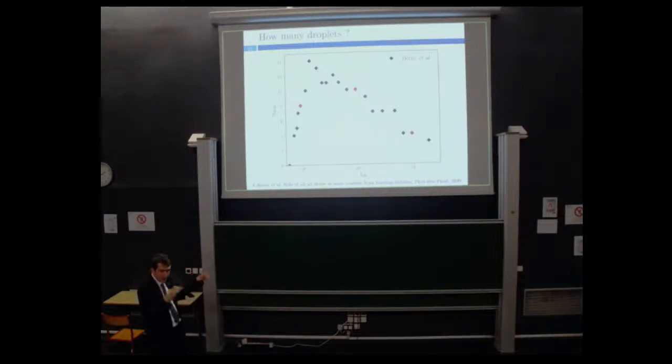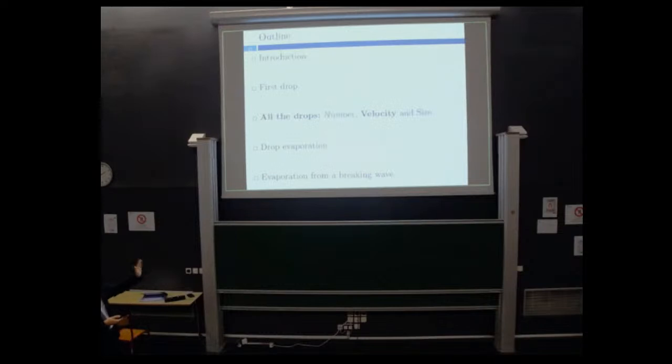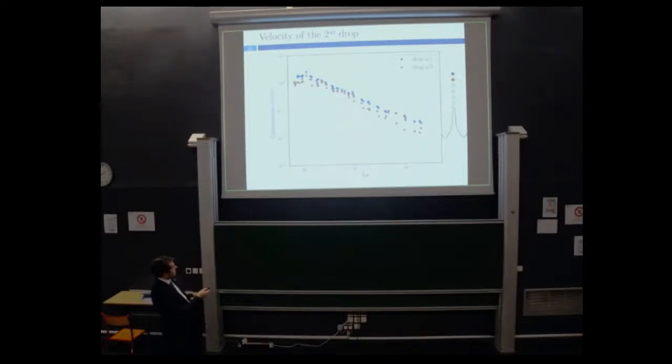This maximum, again, is due to the capillary waves. And then as you increase the Laplace number, you decrease the number of ejected droplets. So we have estimated the number of ejected droplets. Let's now characterize their velocity. We are measuring here the ejection velocity of the second droplets coming just after the first one.